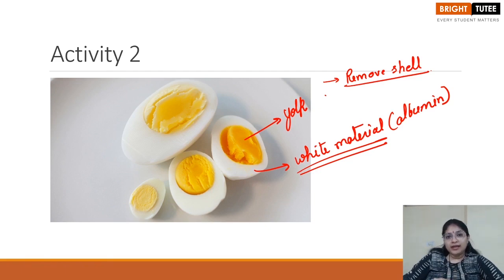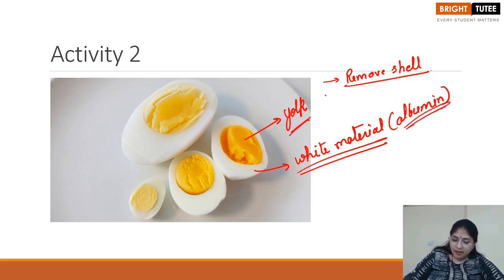Many people do not like eating yolk, but again, this is quite a healthy diet, and that's why everybody includes it in their diet. The main reason why we are doing this activity is to observe how this is a part of a single cell. Both the yolk and the albumin are part of a single cell, and with the help of this activity you are actually observing a single cell.